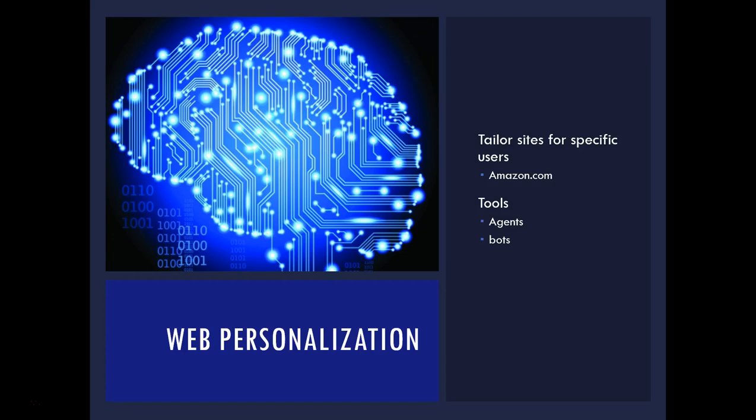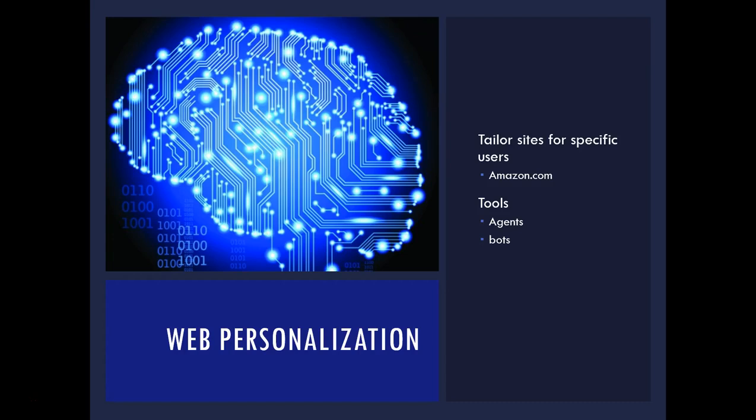In e-business with clickstream analysis, sometimes personalization is applied, which tailors sites for specific users. Amazon is a prime example of that, where my web is going to be tailored to come up with a recommended book or other products, maybe music that I've bought in the past.